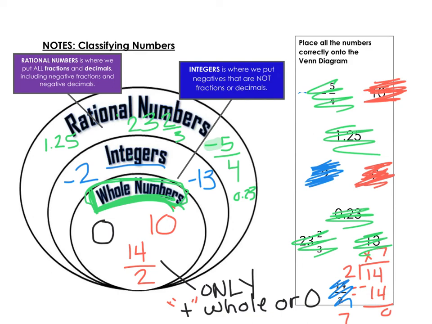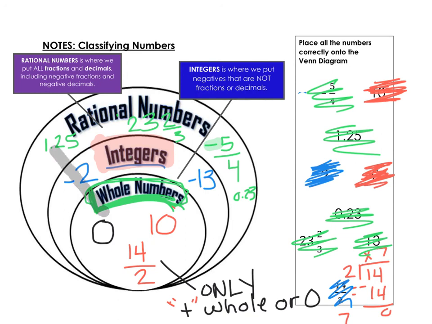Integers here are semi-popular. If you notice, they don't look too bad. They look like a whole number with a negative in front of it. We're okay with those numbers, right? So they're semi-popular. Integers are not whole numbers, but they are integers and they are rational numbers. So here, it's like it's working its way out.